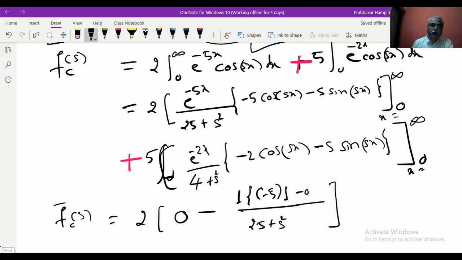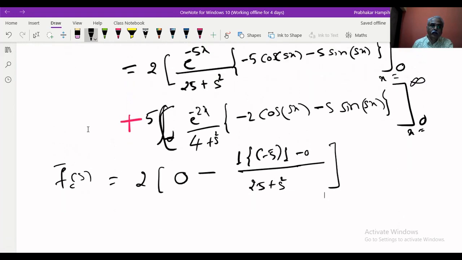Very similarly the next one, 5 times upper limit e raised to minus infinity, which is 0, minus lower limit e raised to 0, which is 1, divided by 4 plus s square as it is.